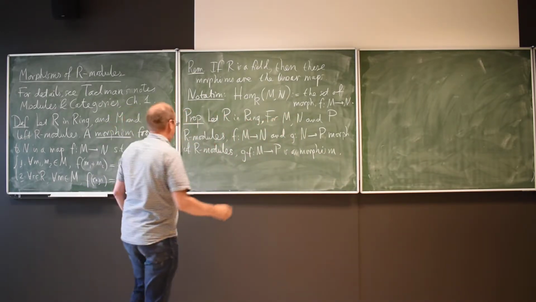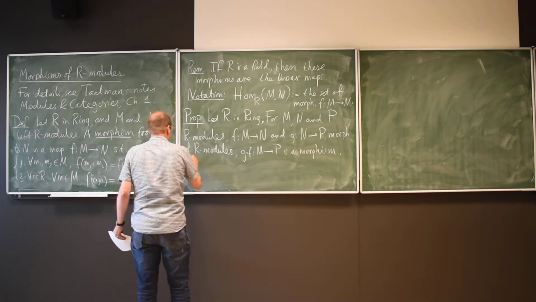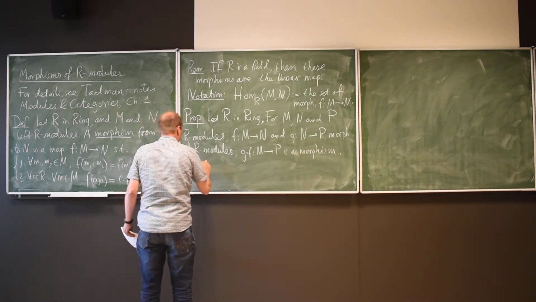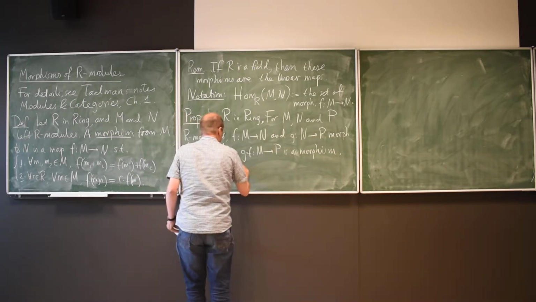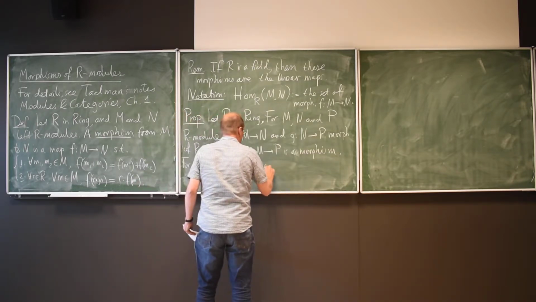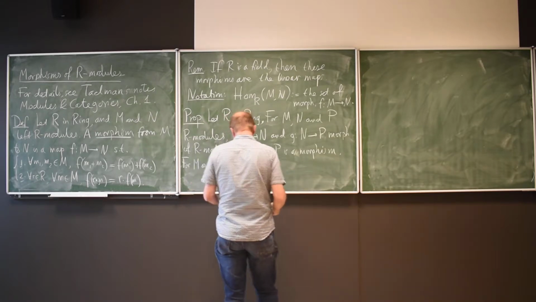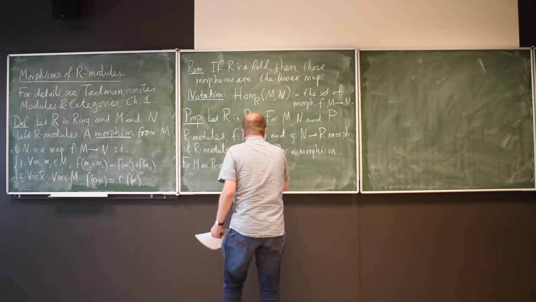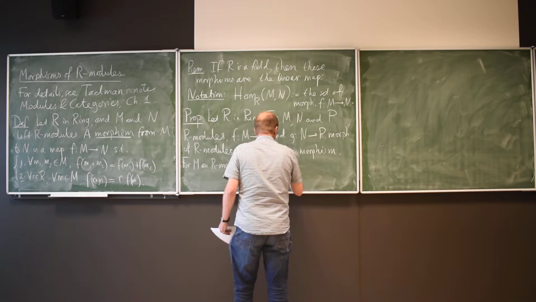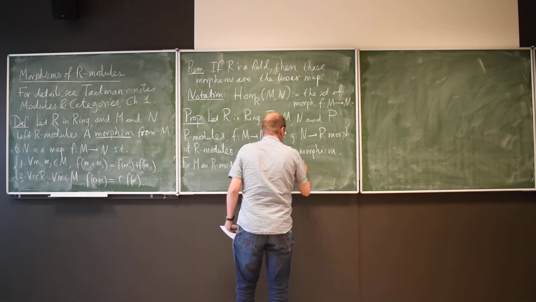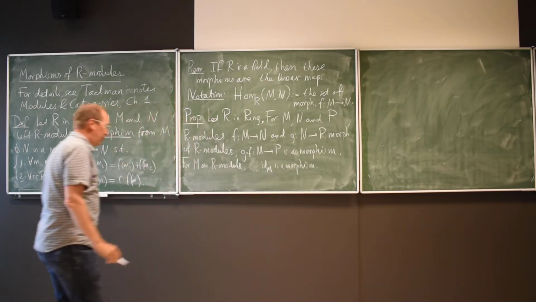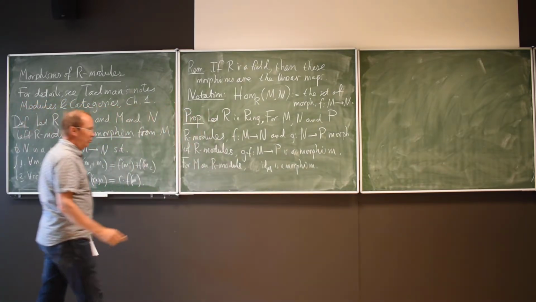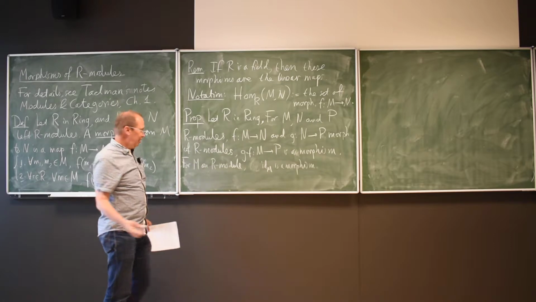And let me say a bit more in the proposition: for M an R module, let the identity of M be a morphism from M to M. And now I have all I need to be able to say that we have a category.